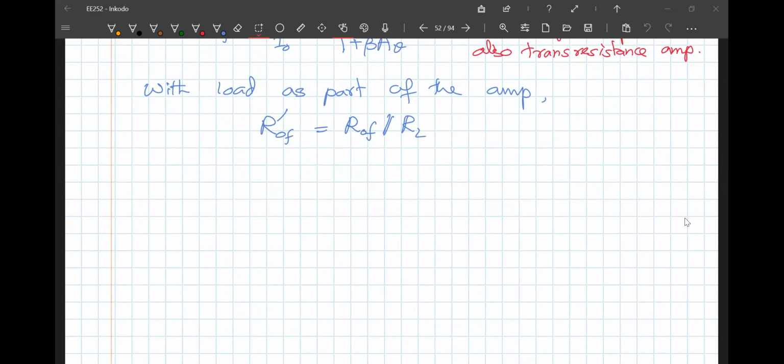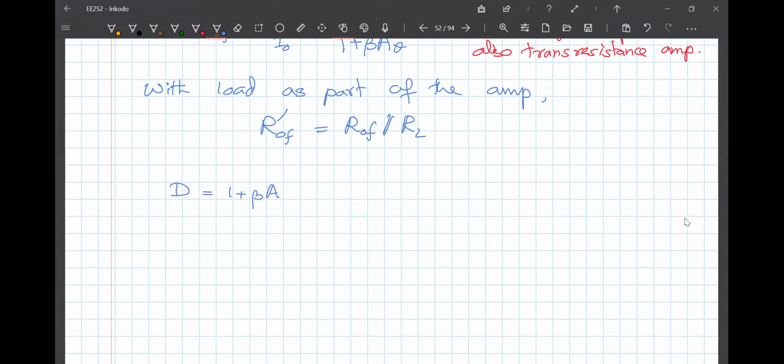We said that the gain always reduces by a factor which is known as D. The feedback amount is 1 plus beta A, where beta is the gain of the feedback network, which is typically less than 1.